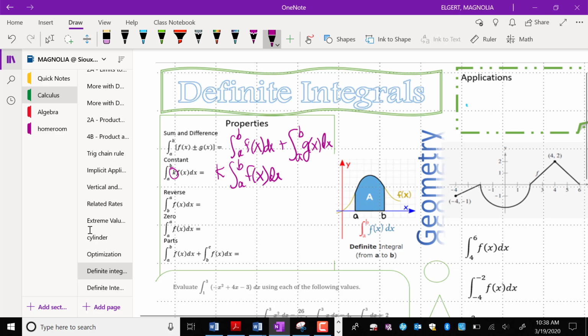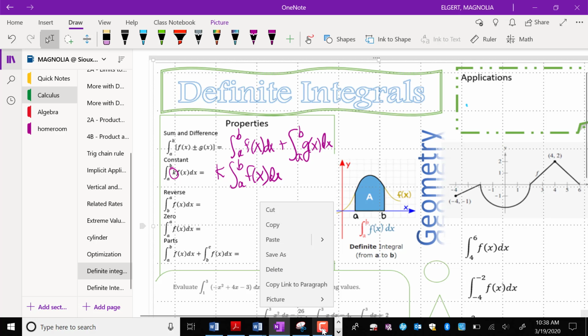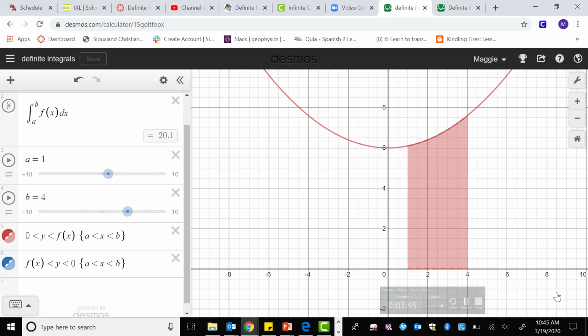The reverse function. So this one looks like, let me hit pause for a second so I can pull up Desmos to show you exactly what. Okay, so on Desmos, I have an integral, and I'm going from 1 to 4. You can see right here my a and my b, and I'm going from 1 to 4. The area is 20.1. The area under the curve is the shaded area. So what happens if I reverse a and b?